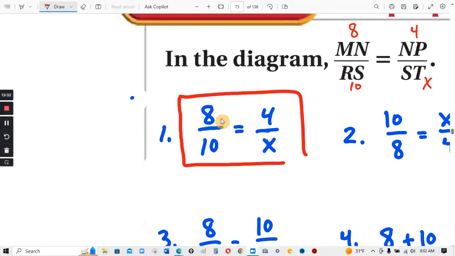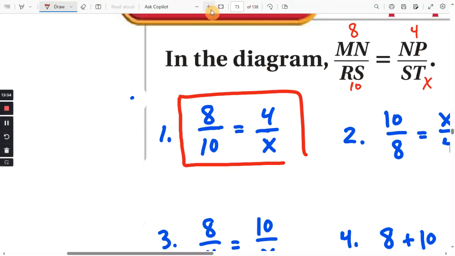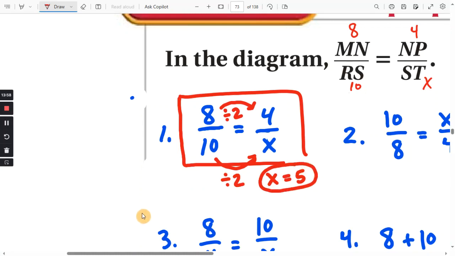You can certainly cross multiply if you want to, but I can see right here to go from 8 to 4, you would divide by 2. So if I were to go from 10 to x, I would once again divide by 2, and 10 divided by 2 is just 5. So that's how I would do it. If you can't do that, then just cross multiply and solve for x.